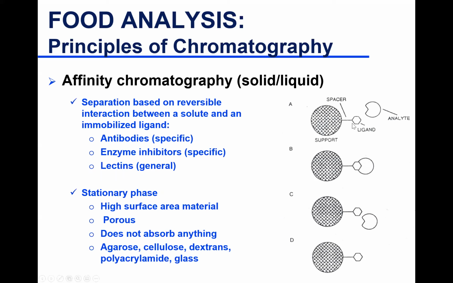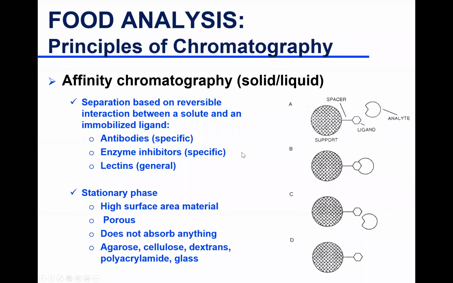This means the ligand is an antigen to this antibody with a specific epitope that would interact with the antibody that you want to separate. So then your antibody of interest will be the only one interacting with your ligand here.